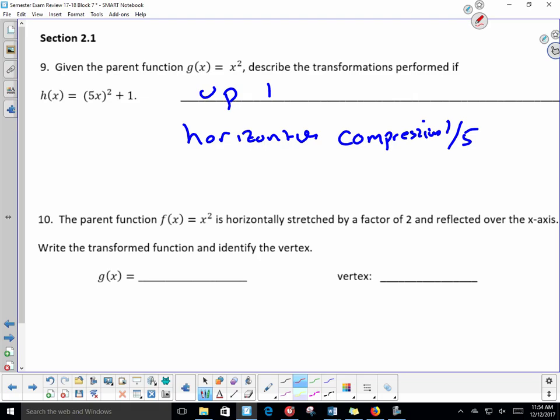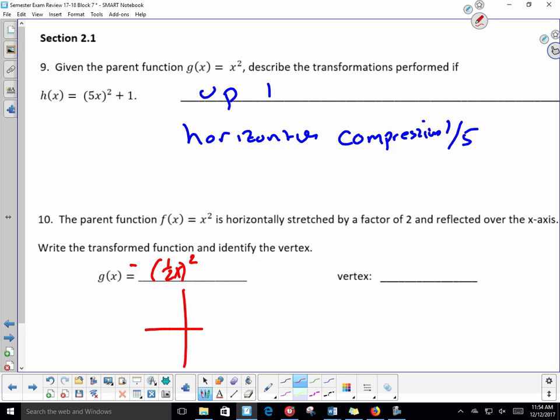The place for x. Inside the parentheses or outside the parentheses? Inside the parentheses. And it's reflected over the x. That's changing everything, so the negative. Inside the parentheses or outside the parentheses?